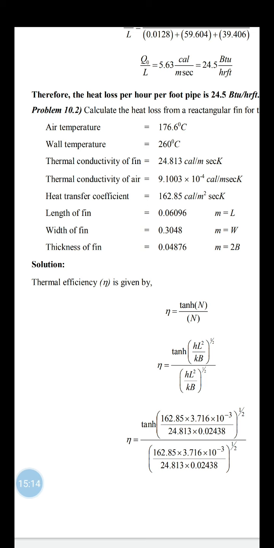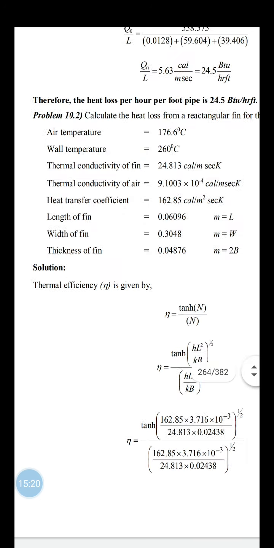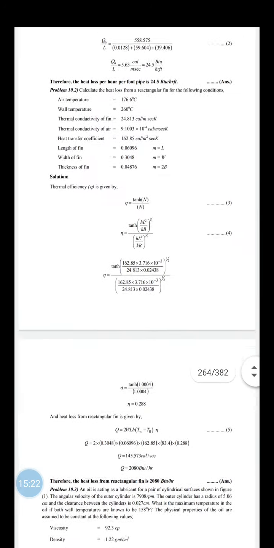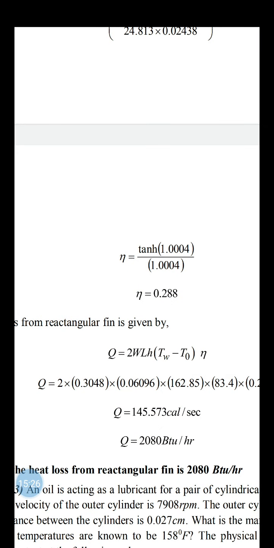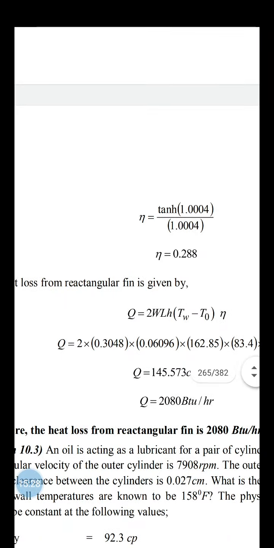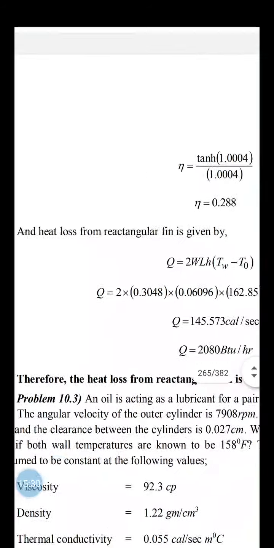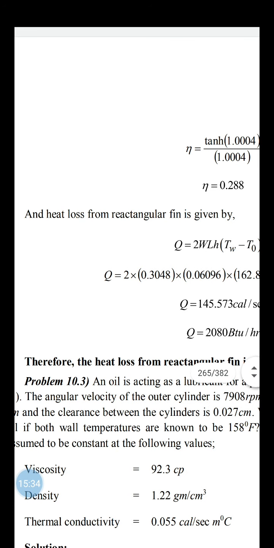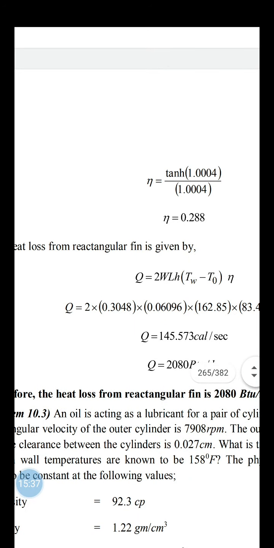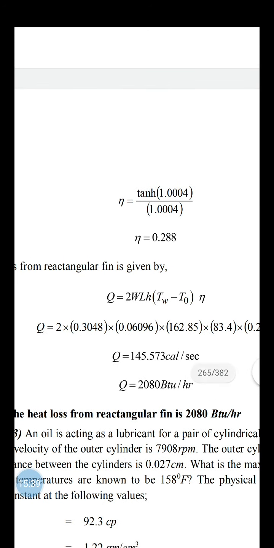So all values are provided to you: heat transfer coefficient value, length, thermal conductivity and breadth. You can find out eta is equal to 0.288. So this will be nothing but the effectiveness of the fin, and heat loss through the rectangular fin is given by hA delta T. So h into delta T is (Tw minus T naught).